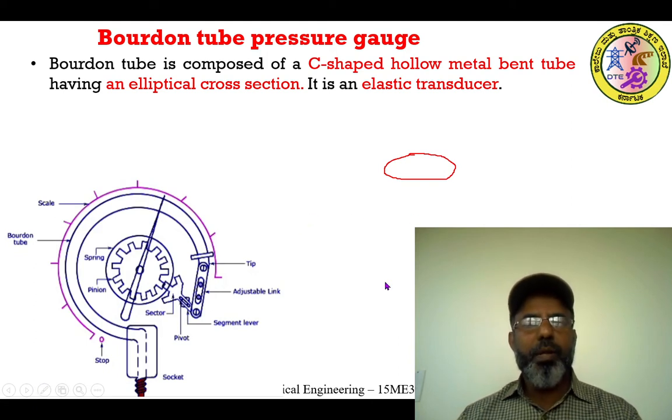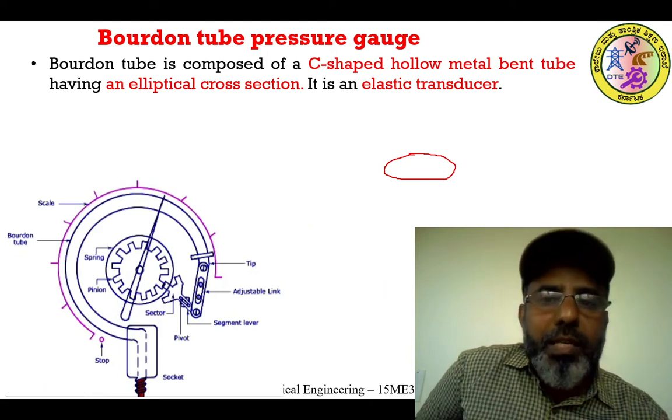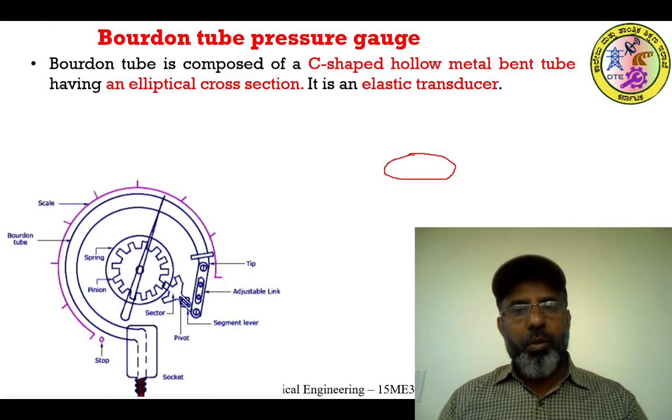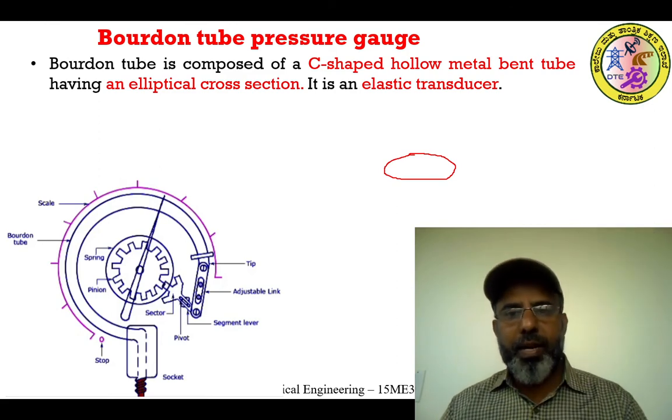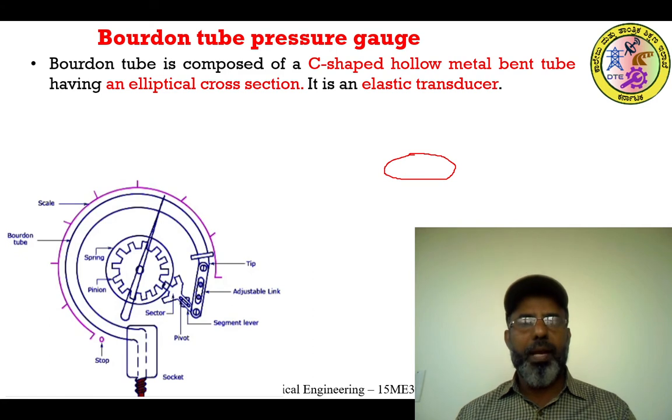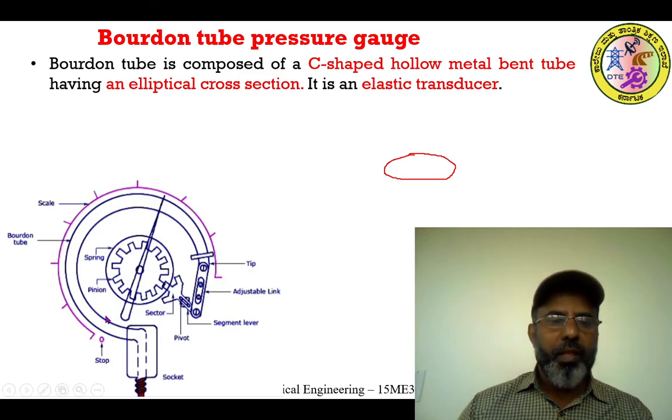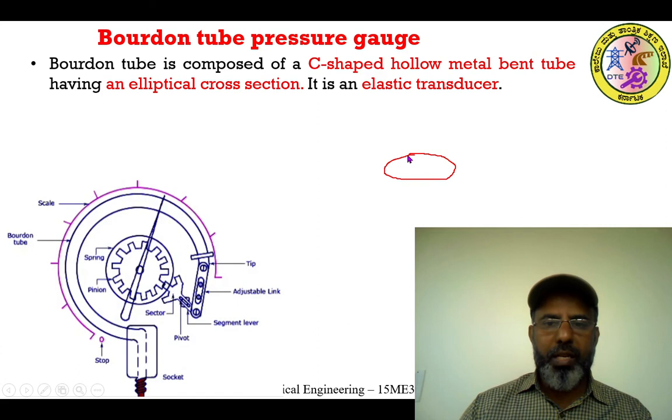It is an elastic transducer. Elastic transducer means an elastic diaphragm which deflects proportional to the applied pressure. The C tube, hollow bent tube, is called the Bourdon tube, having an elliptical cross section.